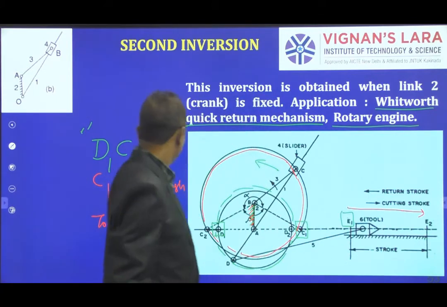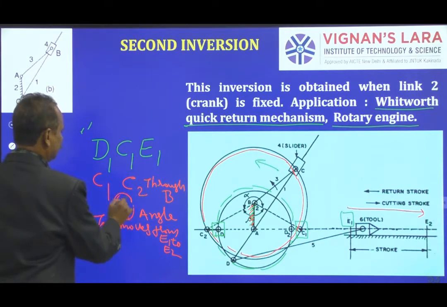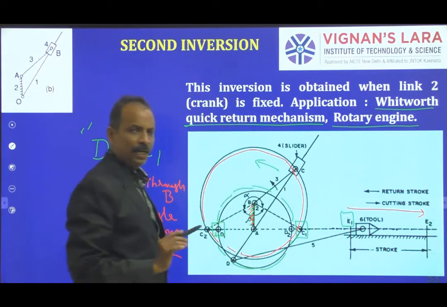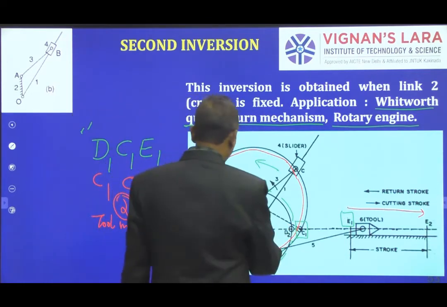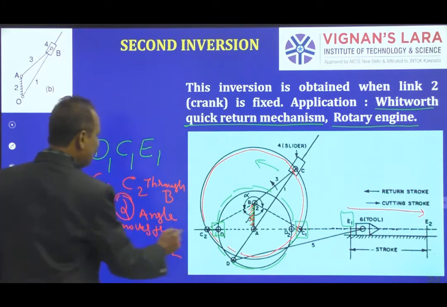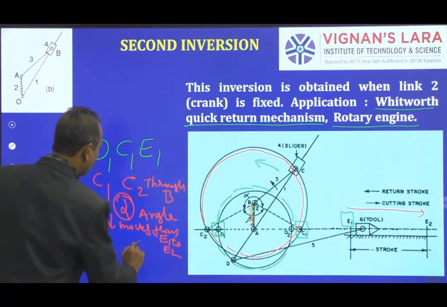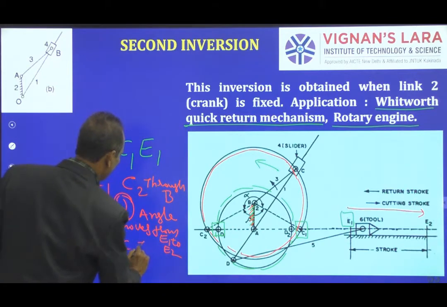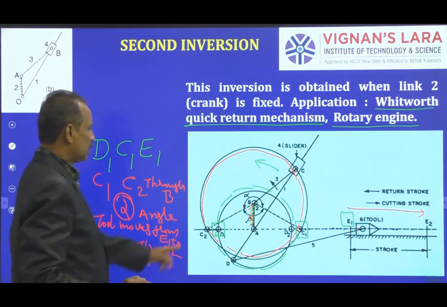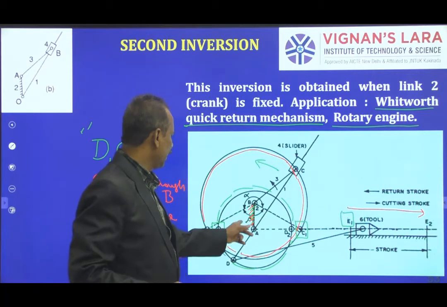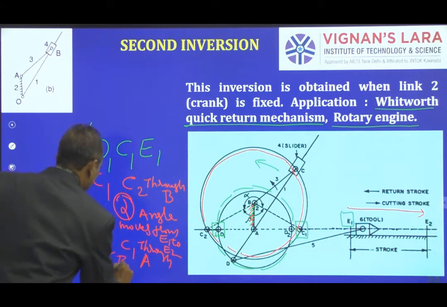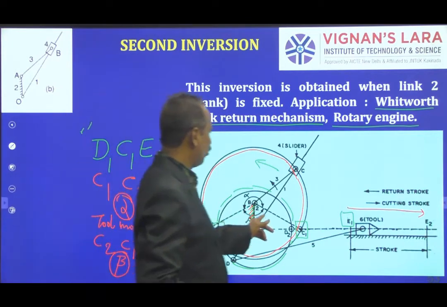E1 to E2 makes an angle alpha. Subsequently, when C2 goes to C1 through A, it makes an angle of beta.